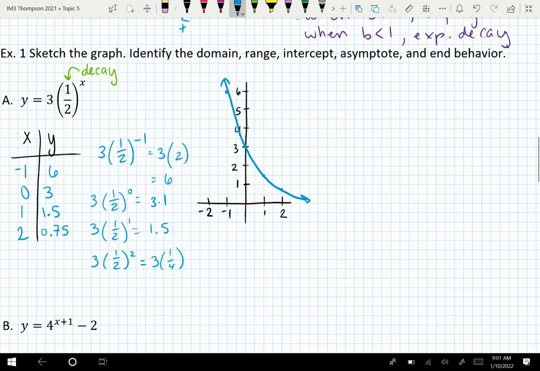All right, so this graph actually goes down to the right. But we need to take the time to go through and talk about domain, range, intercept, asymptote, and end behavior.